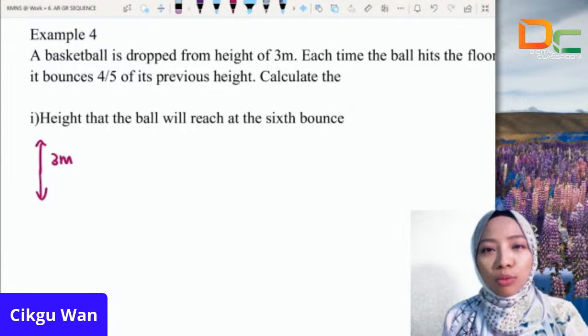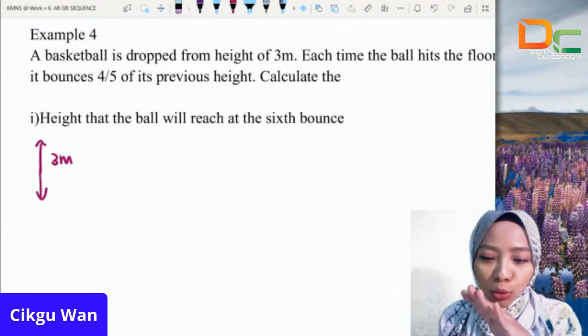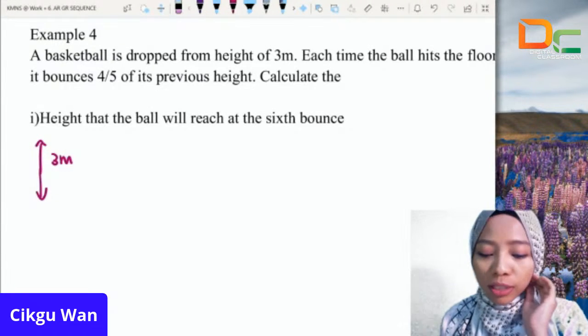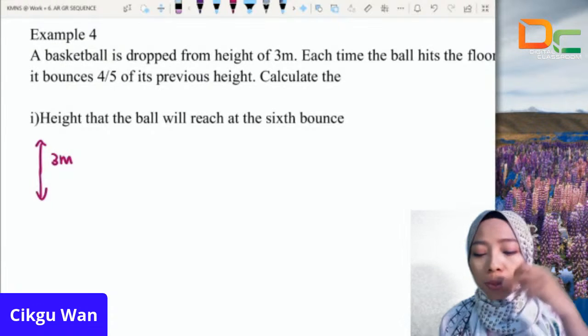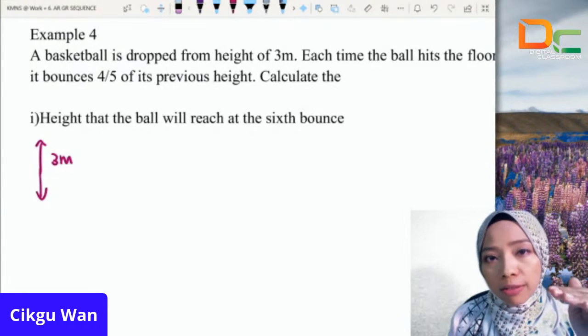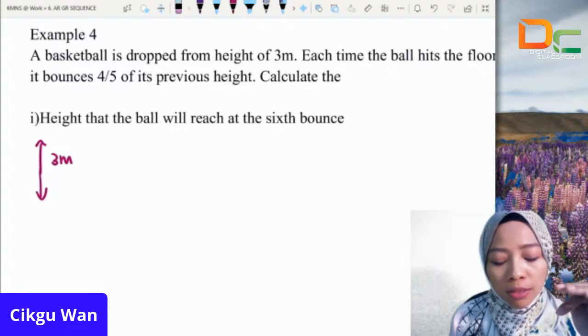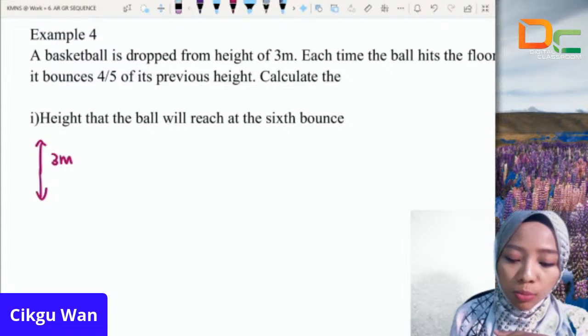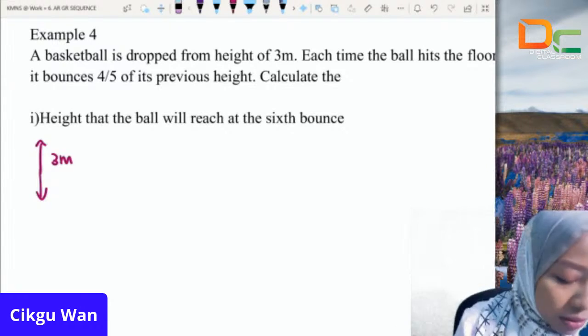Okay, so basketball dia daripada height 3 meter, dia dah cakap yang seterusnya akan lebih rendah sebanyak berapa? Okay, 4/5 daripada yang sebelumnya, kemudian 4/5 lagi daripada sebelumnya dan seterusnya.